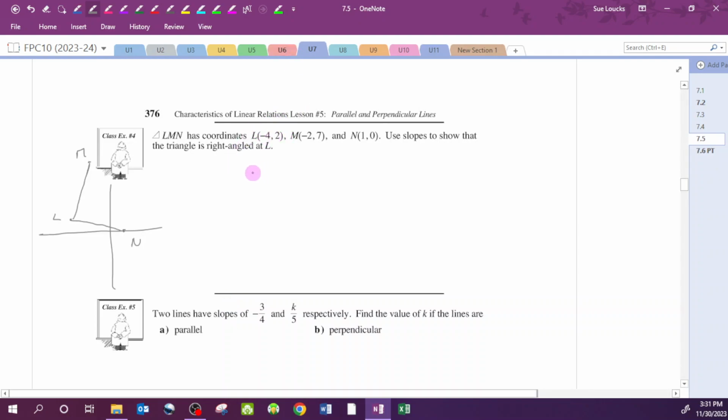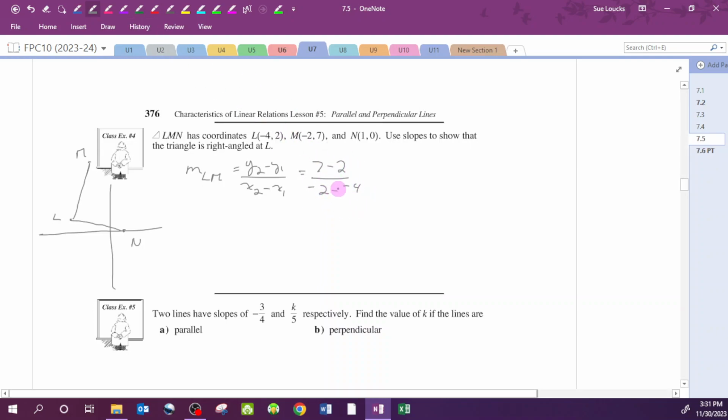So what we want to do is find the slope of LM, and that's going to be y2 minus y1. Yeah, I should write it out. y2 minus y1 over x2 minus x1. So I'm going to call this one my 2 and this is my 1. So that's going to be 7 minus 2 over -2 minus -4.